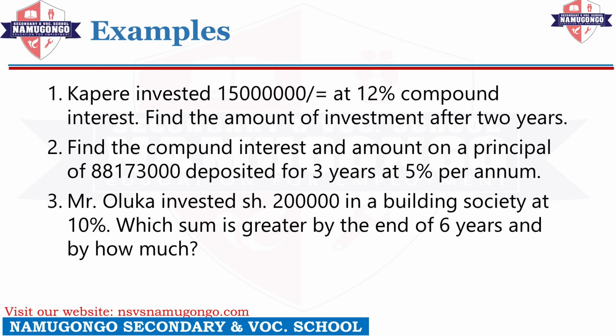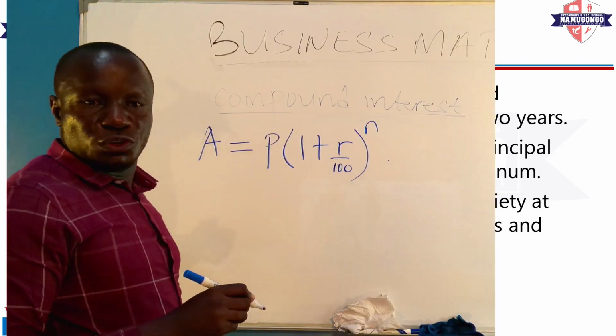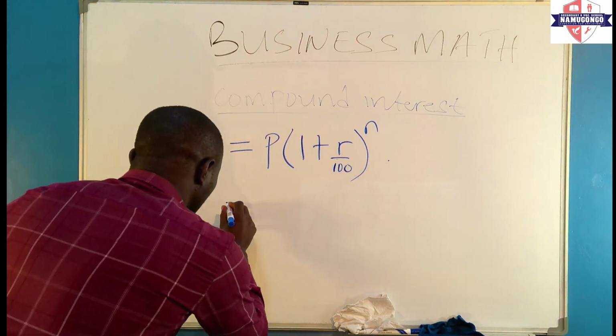So we are saying our amount is equal to P into 1 plus R over 100, then raise the power of N.